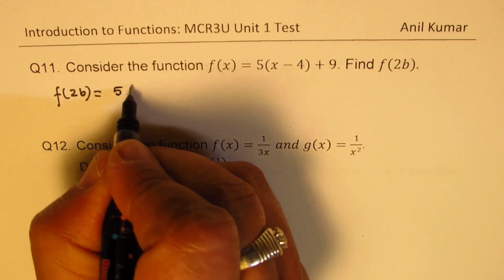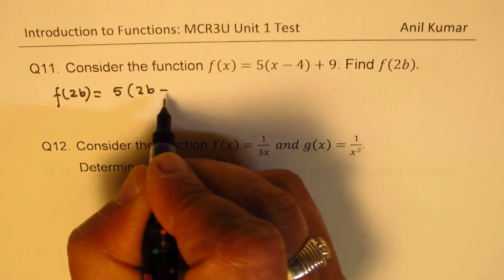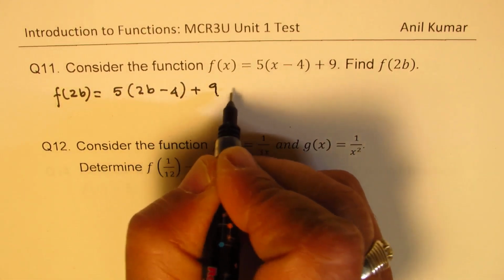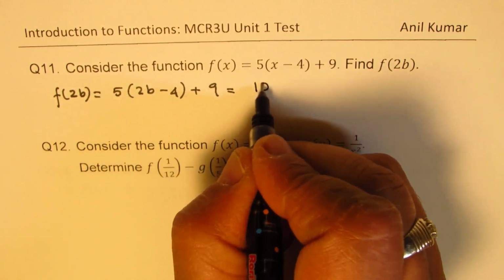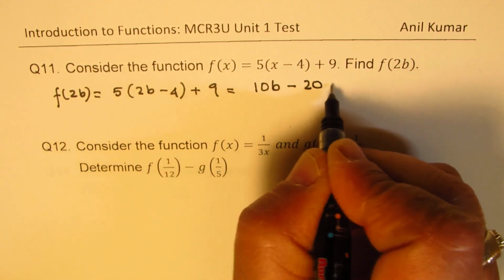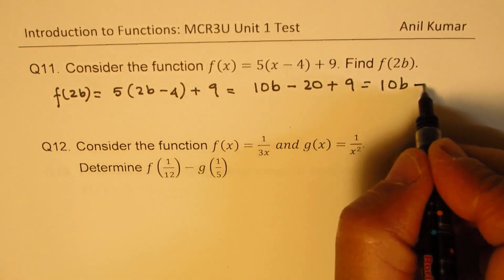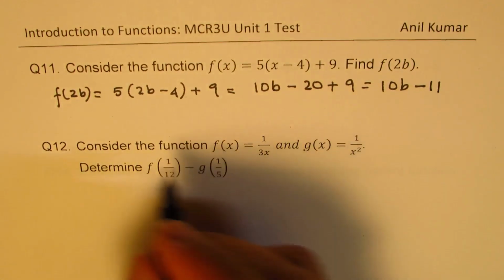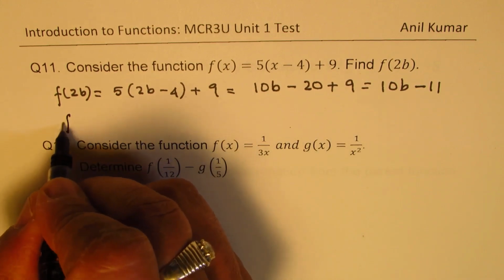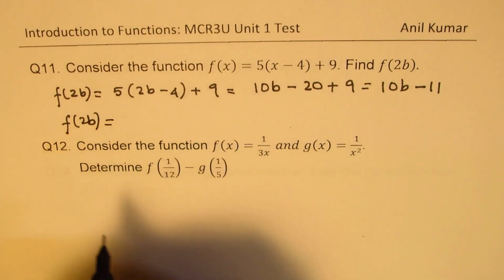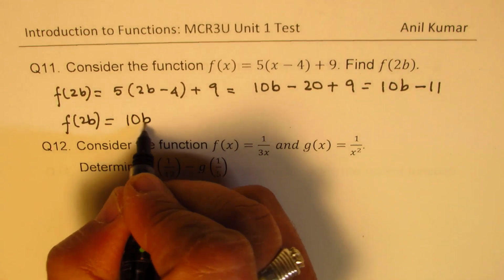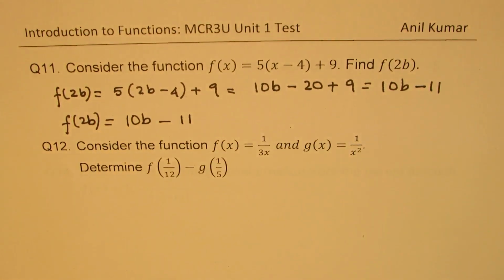So we get 5 times 2b minus 4 plus 9. Just expand: it is 10b minus 20 plus 9, which is 10b minus 11. So we get f of 2b equal to 10b minus 11.